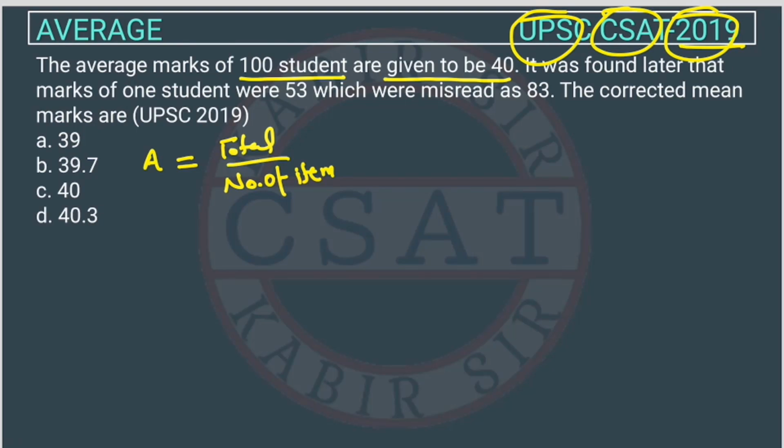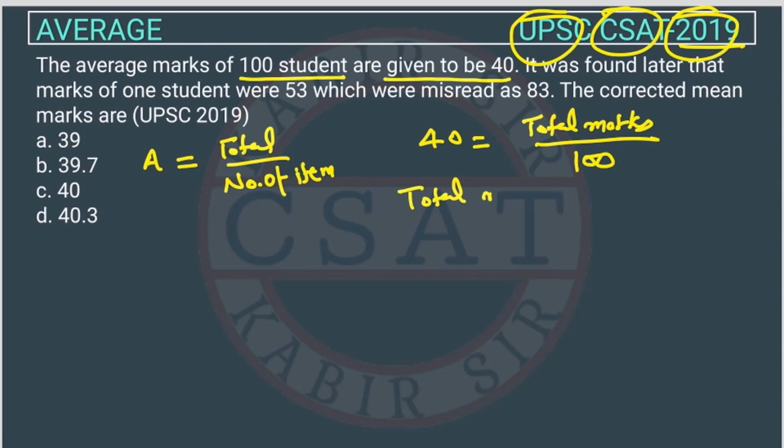Now they have given that the average is 40, right? And this is total marks upon 100, right? So total marks will be 40 into 100 is equal to 4000, right?